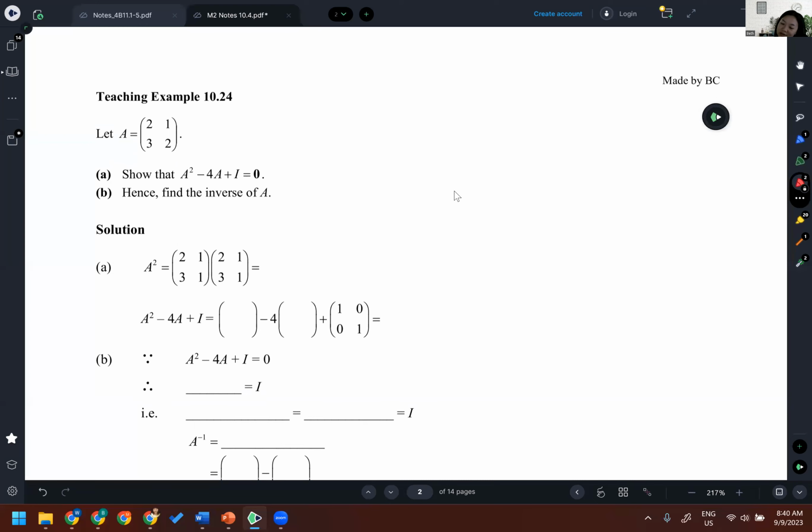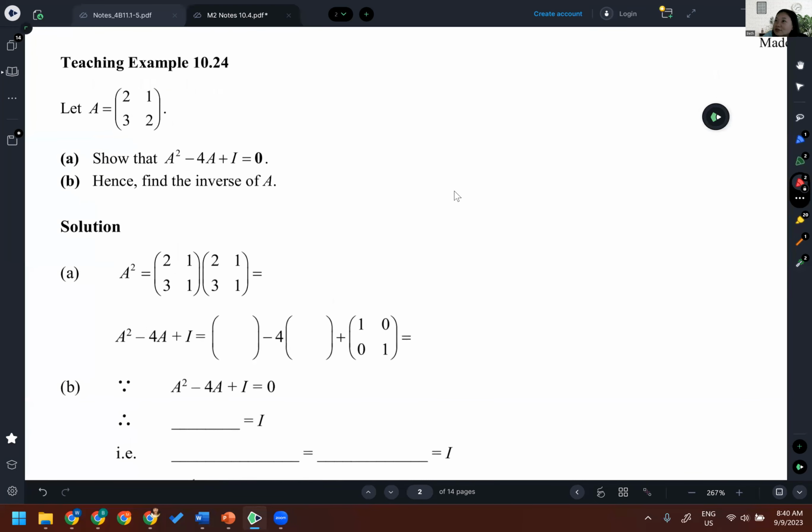And in this one the inverse is not given, you have to find it, but something else is given. You have to show this equation. Let's show it then. To show any equation in matrices, you don't have to think a lot. Most of the time, it's just pure muscle work. For this one too.